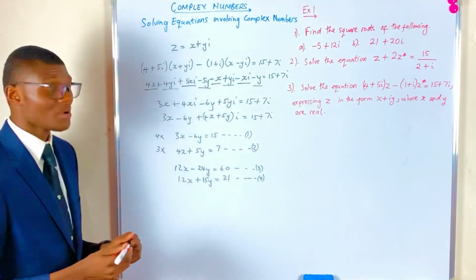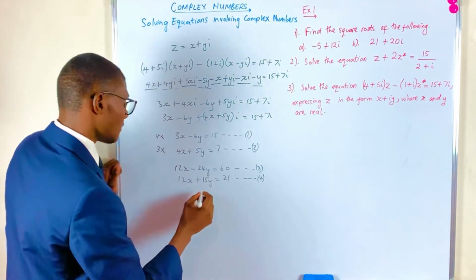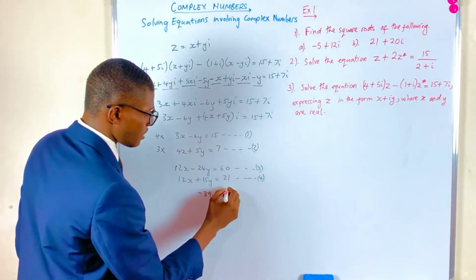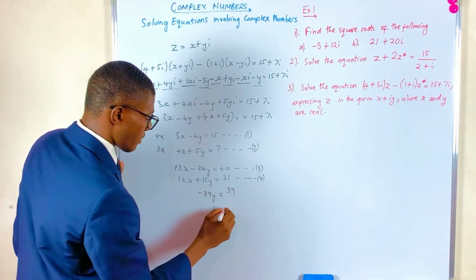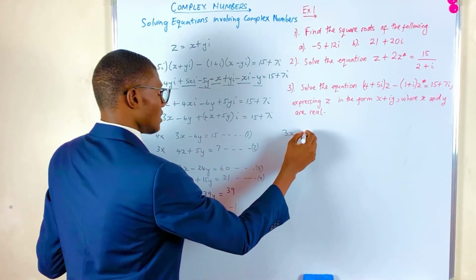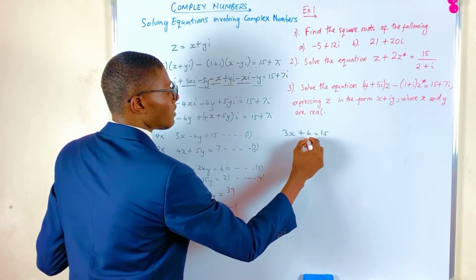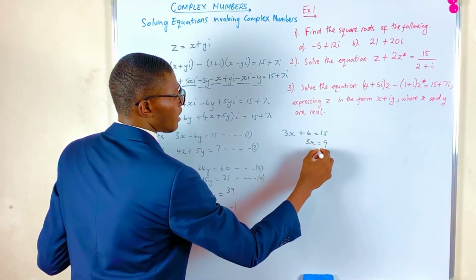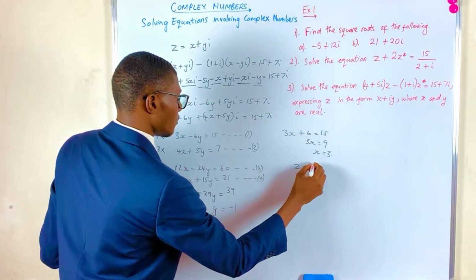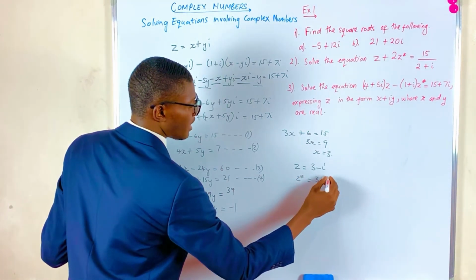So equation 3 minus equation 4: 12x minus 12x is 0, minus 24y minus 15y gives us minus 39y, which is 60 minus 21, that's 39. So y is equal to minus 1, which implies that 3x minus 6 times minus 1, that's plus 6, should give us 15. Then 3x is equal to 9, and x is equal to 3, such that z is equal to 3 minus i, and then its complex conjugate will be 3 plus i.